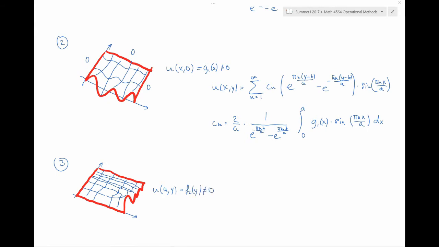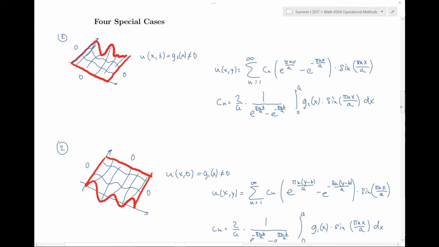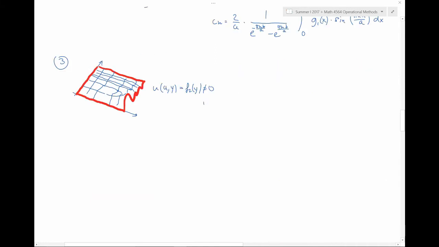Easy to see that the roles of x and y are interchanged, and so the solution will be the sum that has exactly the same form as the sum we have up here, except that we switch the roles of x and y. So u of x y will be equal to a sum as n goes from 1 to infinity of Cn.